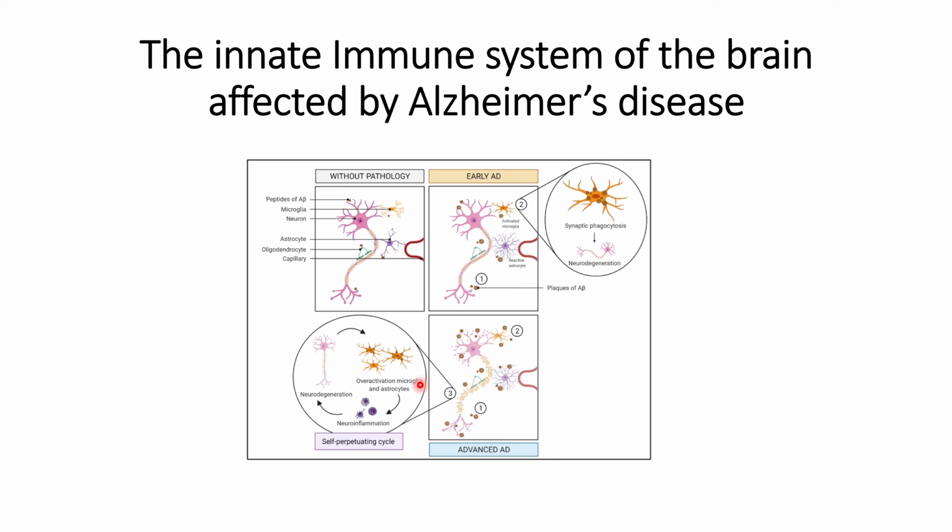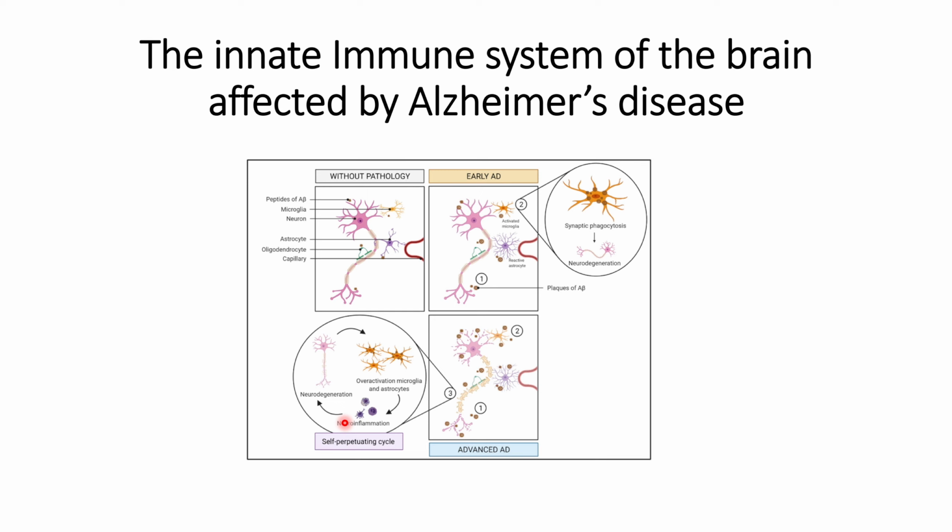Whenever they see plaque of amyloid beta, they will introduce neuroinflammation, and this neuroinflammation will lead to neurodegeneration, and this neurodegeneration will further aggravate the immune system to overactivate the microglia and astrocytes. After some time this will increase to a level that will cause Alzheimer disease.